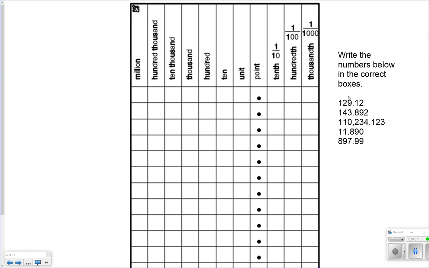The whole part here is 129. Where is the units here? The units here is 9. Excellent. So I write 9 here in the units. What about the tens? The tens here is 2. So I write 2 here in tens. Okay, and hundreds we have 1. So I write 1 in hundreds.